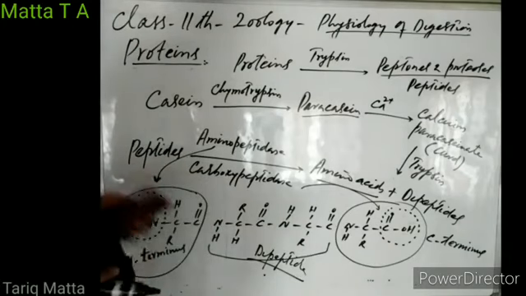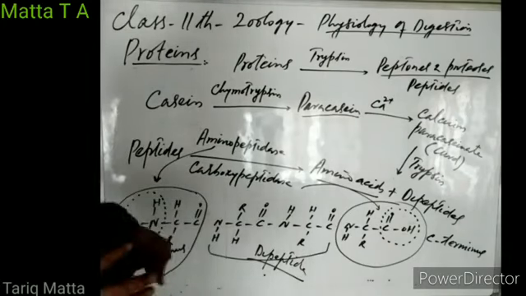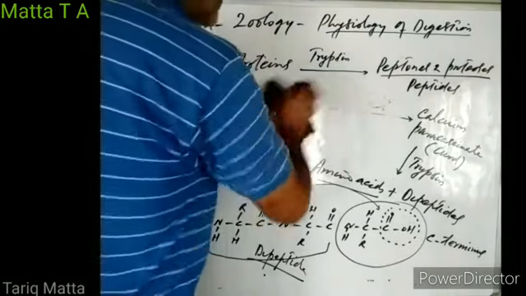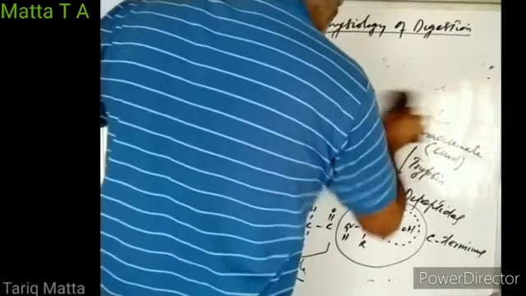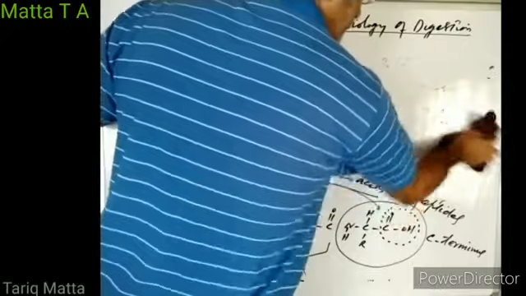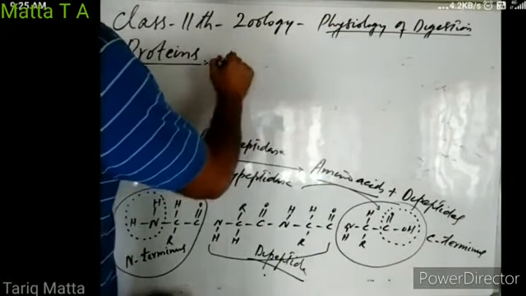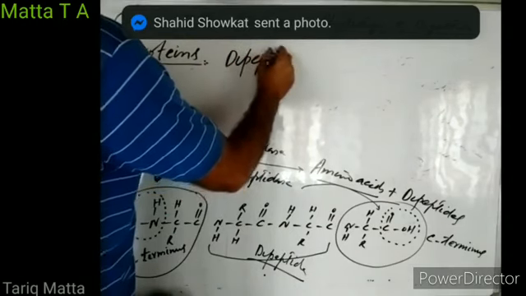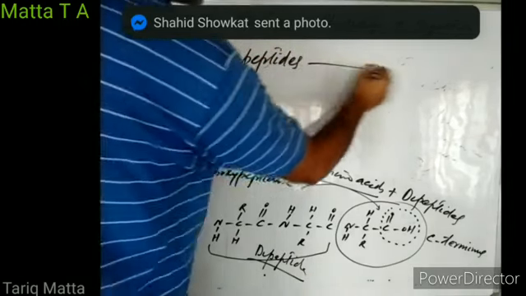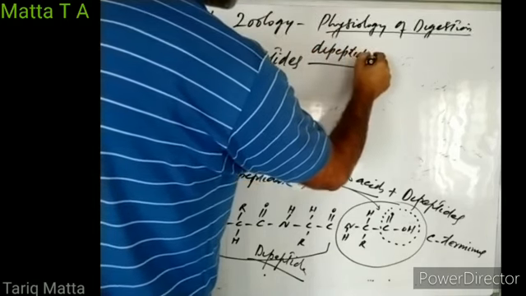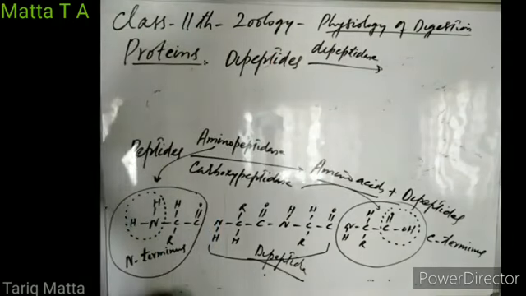Now what remains? Only dipeptides are there. Dipeptides are acted upon by the dipeptidase enzyme, which is present in intestinal juice.